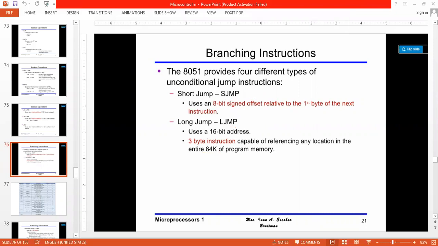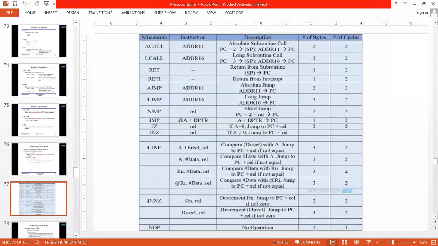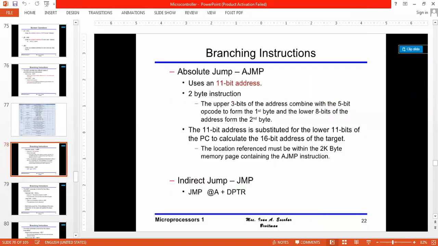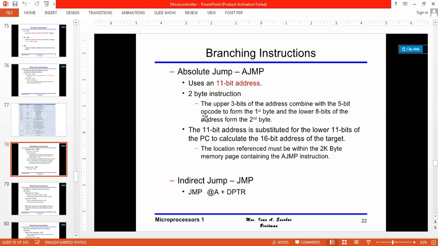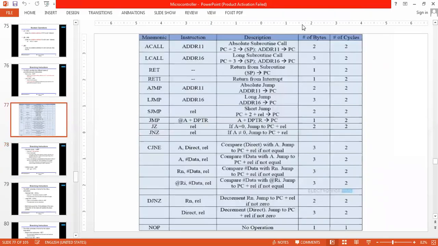Then another one is AJMP. We will see this one later, it will be very easy.